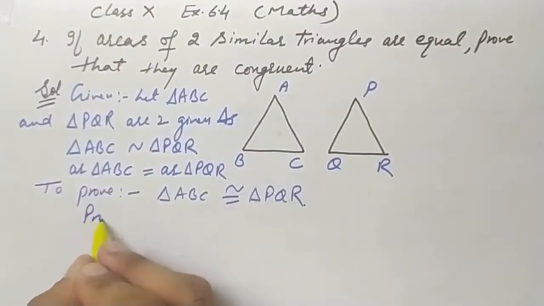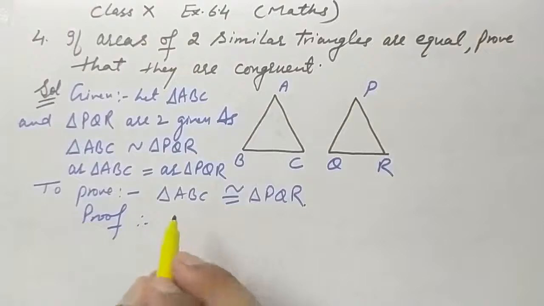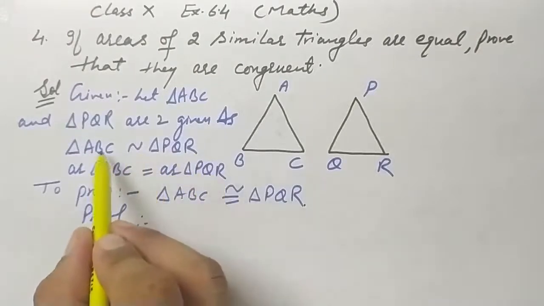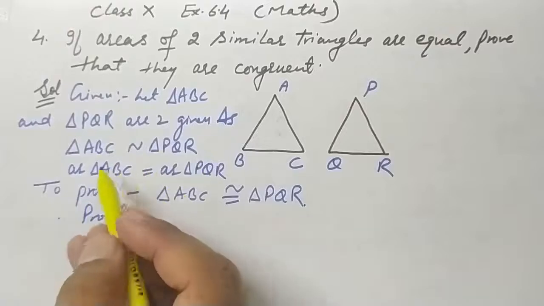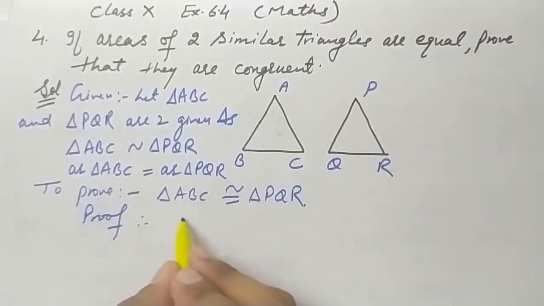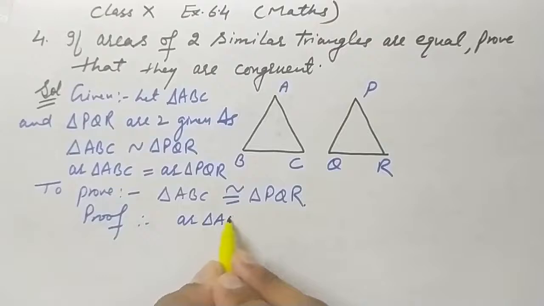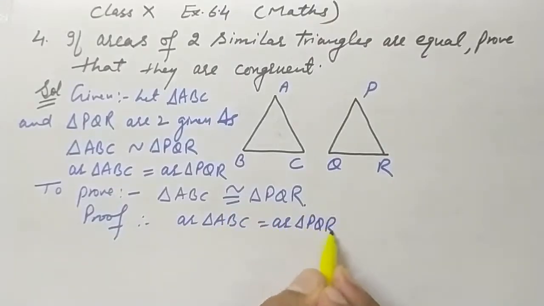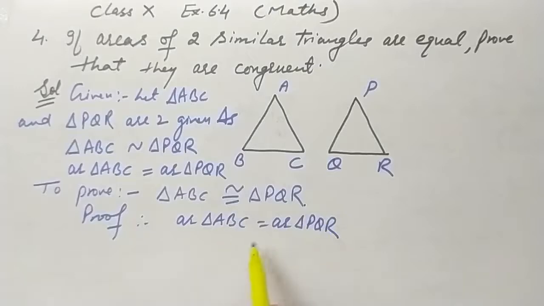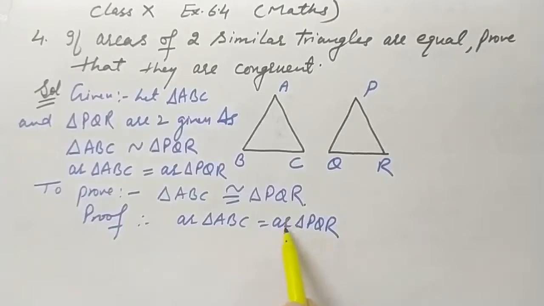So in the proof, first of all, it is given that these two triangles are similar and their areas are equal. So area of triangle ABC is equal to area of triangle PQR. Now dividing both sides by the area of triangle PQR, this PQR will come in the denominator, so here it becomes 1.